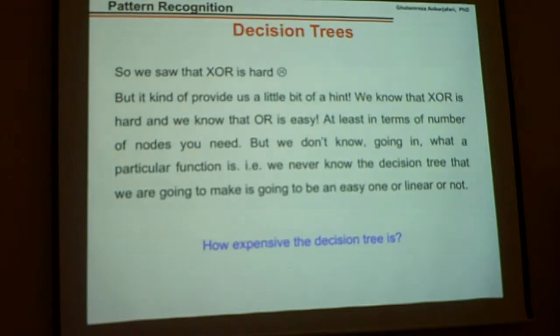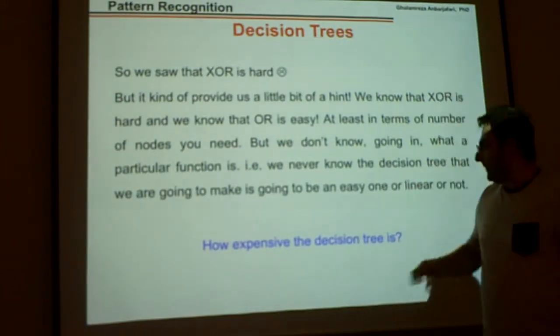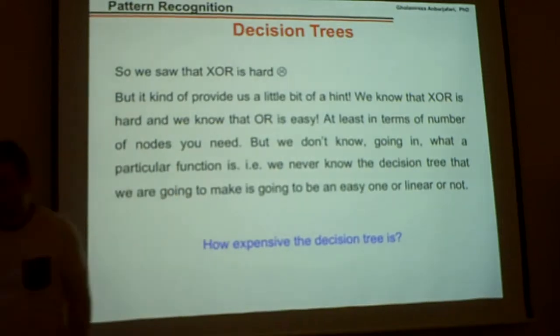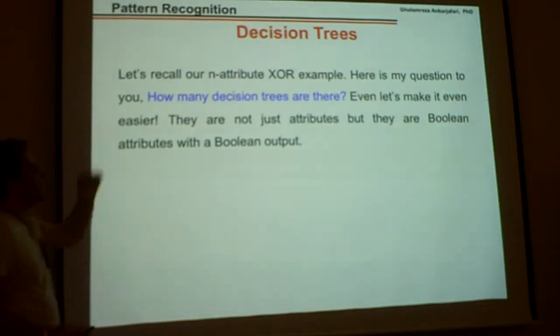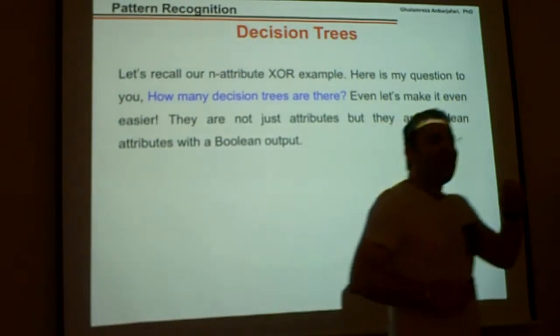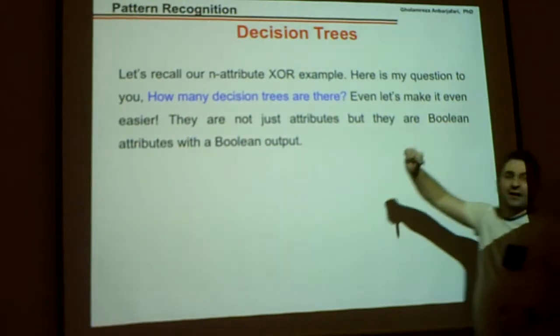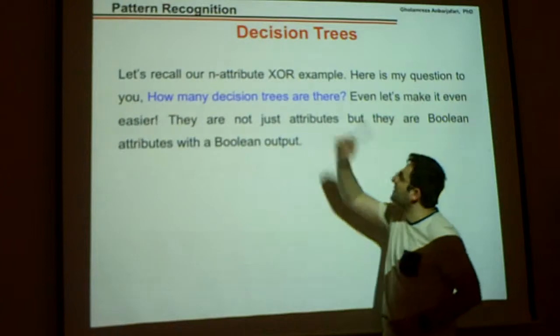In case of XOR or similar type, we have to go through all the nodes to find out what the possible decisions are. Now, the question is just how expensive the decision tree is. In order to talk about this, let's consider our n attributes XOR, n XOR. We have n input. We could not draw it because we don't have enough space. Now, in such a tree, Suman, how many decision trees are there?